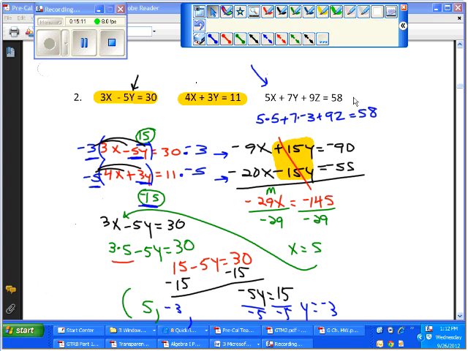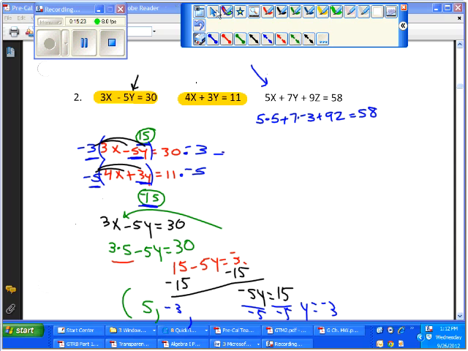And I'll move some stuff out of the way. So we're going to do this multiplication in this one. We'll have 25 minus 21 plus 9z equals 58.